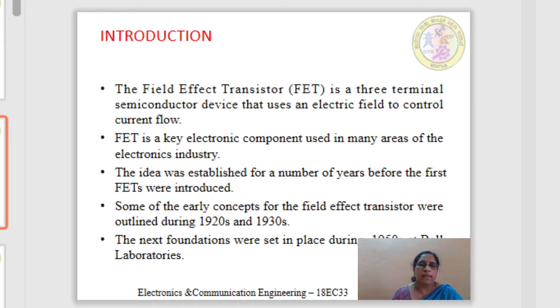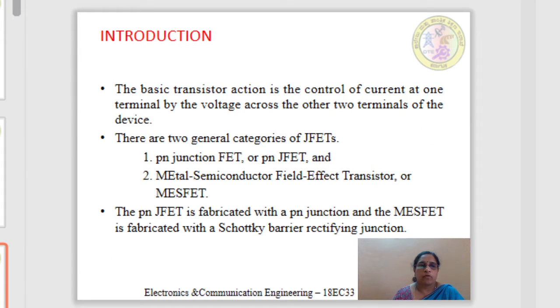Therefore, field effect transistors are a very important class of semiconductor devices. They come in different varieties, generally in two categories. One is the PN junction field effect transistor, or PN JFET, and the other is the metal semiconductor field effect transistor, or MESFET.